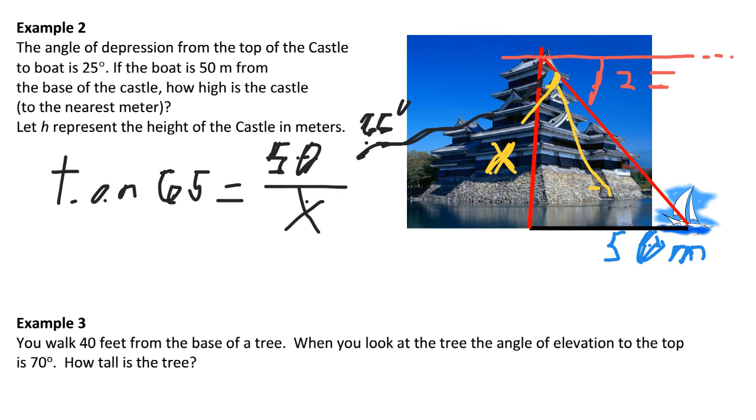In this case, we have the x on the bottom. So if we did it by proportions, we could switch the tangent 65 and the x. That's exactly what we're going to do. We get x equals 50 divided by tangent 65. We get 23.3. So the height of our castle is 23.3 meters.